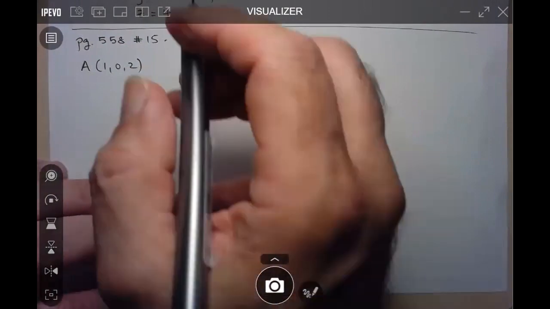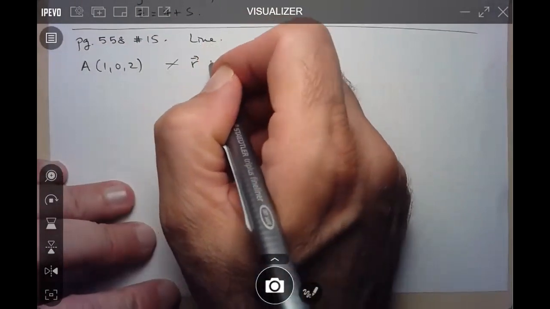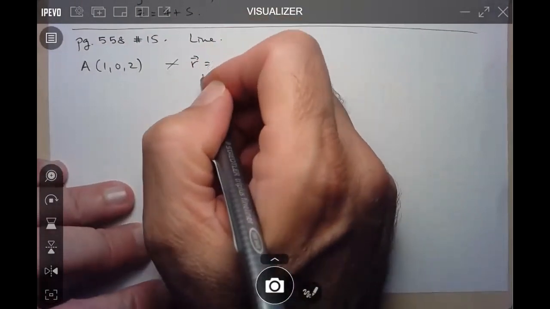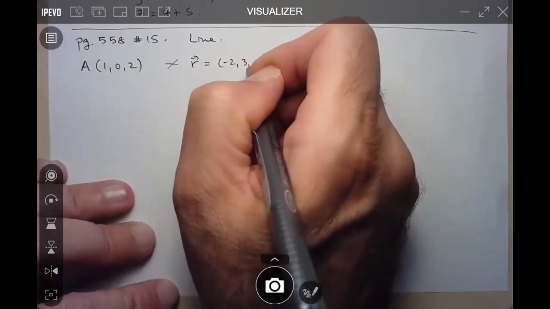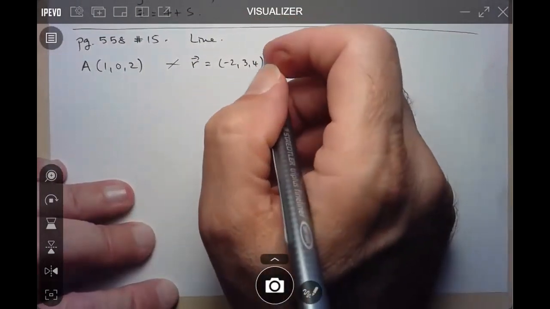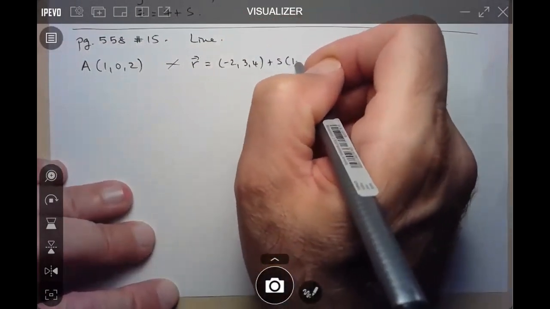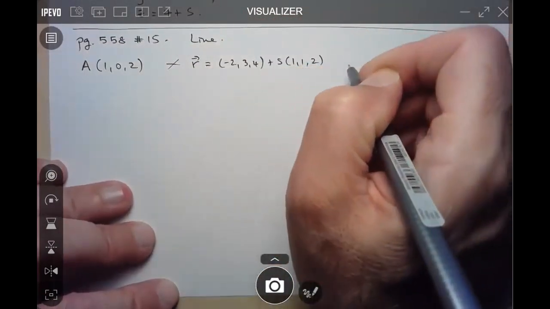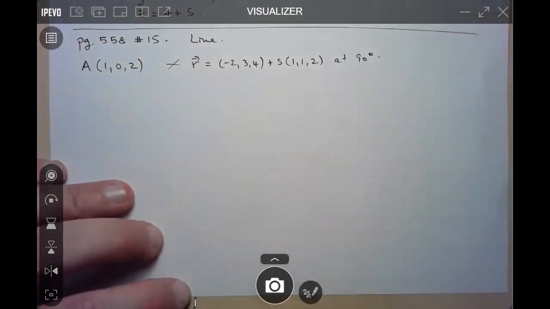Oh, okay. So it intersects the other line, which is, let me just write it out here, -2, 3, 4 plus s times 1, 1, 2, at 90 degrees.